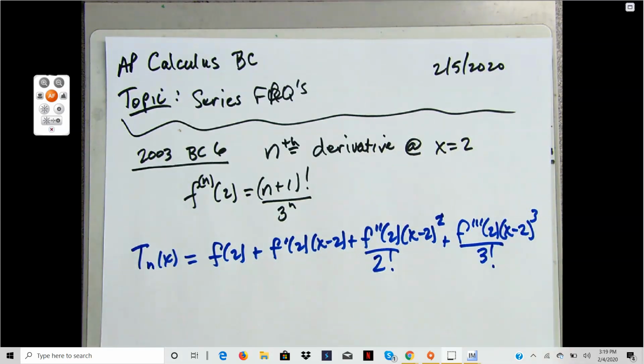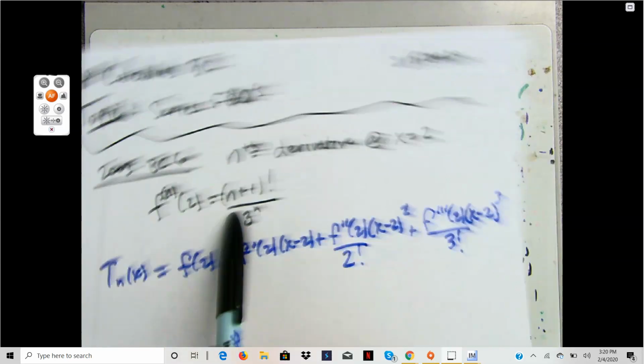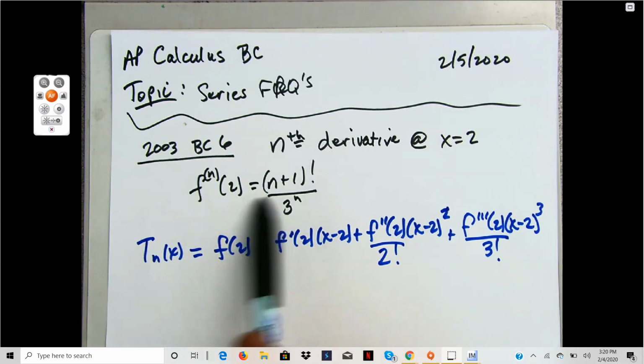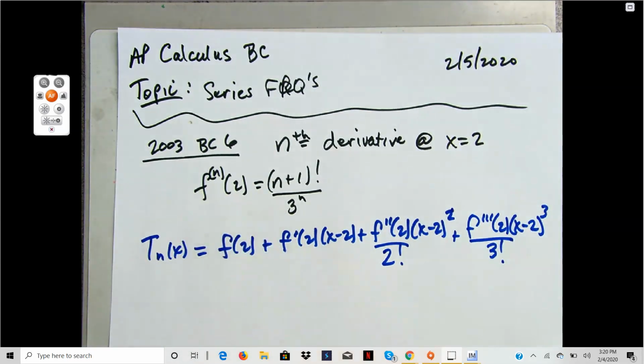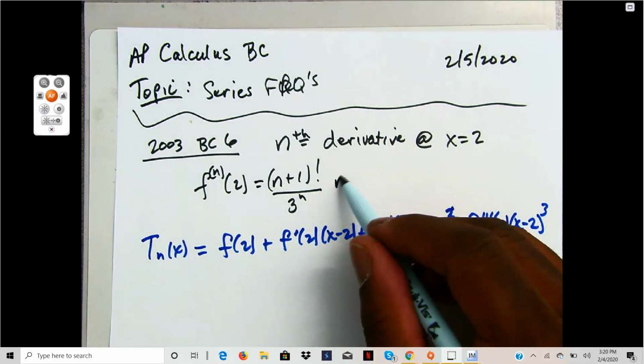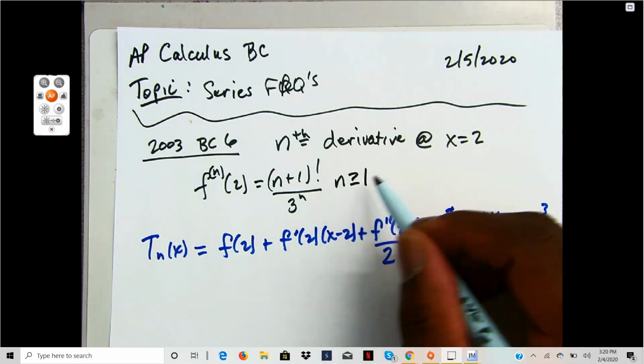We are told that this little formula right here is what's used to find the derivatives. We're also told that this is only valid for n greater than or equal to 1.